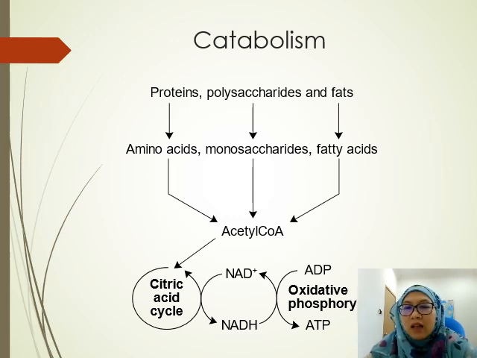All these small molecules turn into acetyl-CoA, which is processed through the TCA cycle. The TCA cycle produces NADH, an energy compound containing electrons, which goes through oxidative phosphorylation to produce a lot of energy.